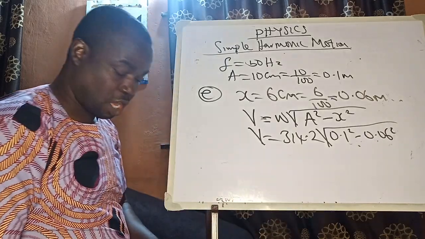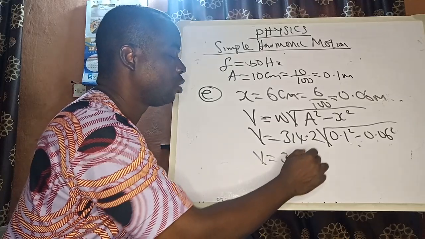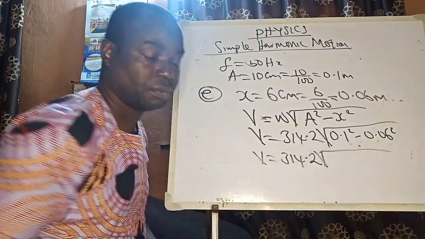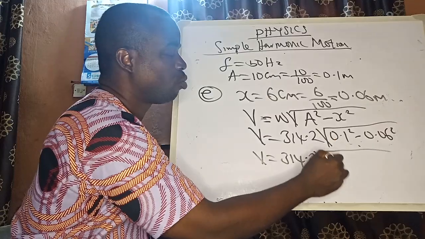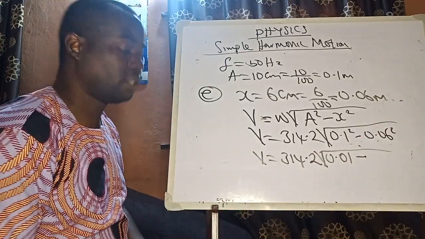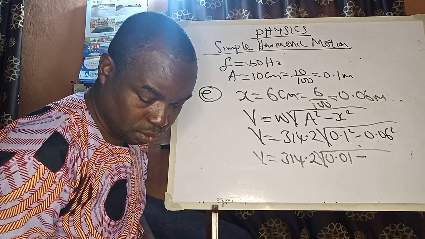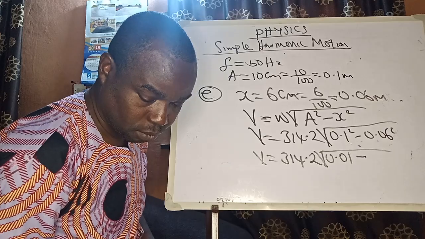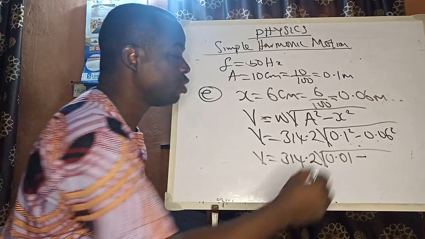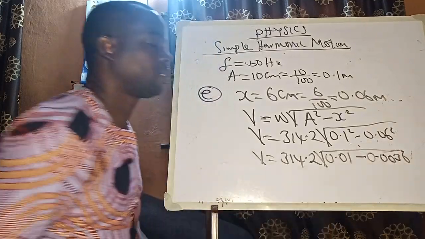Okay, so now we have 314.2. 0.1 squared is 0.01. 0.06 squared is 0.0036.